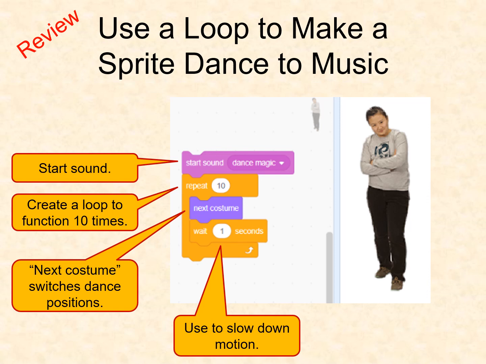And because we said start the sound, which was a musical composition, we could listen to the dance music just by saying start the sound rather than play sound until it is finished. Then we were able to hear the song all the way through, and we also got to see Anina dance by only using a couple blocks of coding.